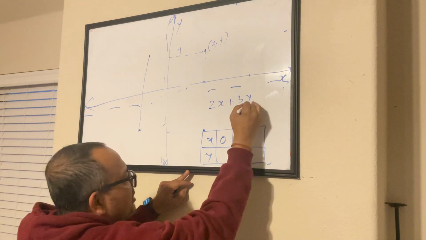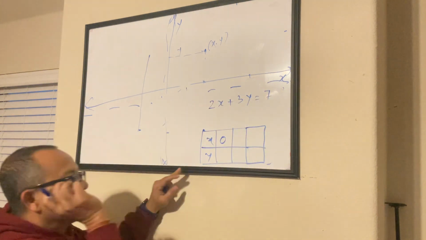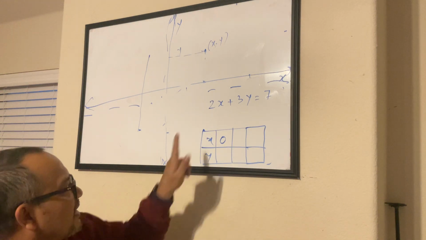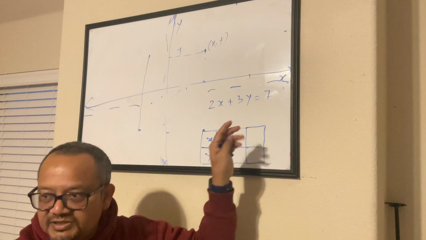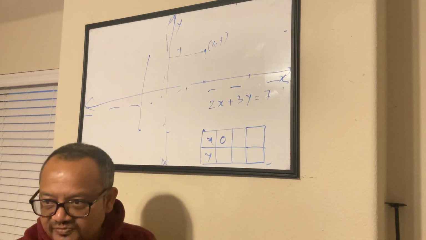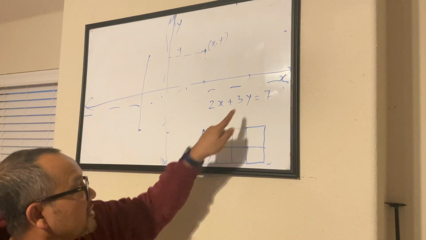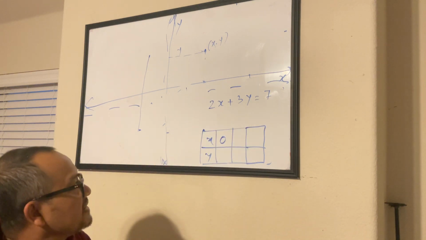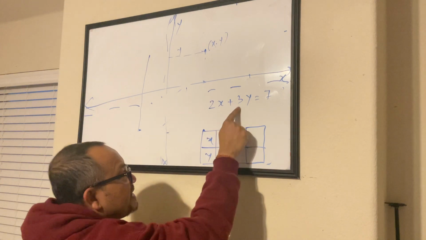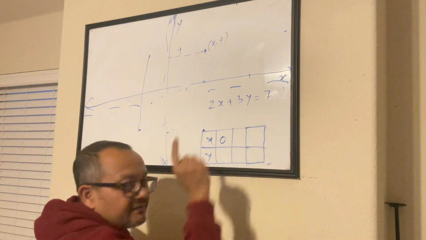So I'm just putting a little bit of effort for some of the kids to stay with me. Now this is the equation. x is a variable, we don't know the value of x. Same is the case with y. This is the agreement that 2 times the value of x plus 3 times the value of y will be equal to 7.